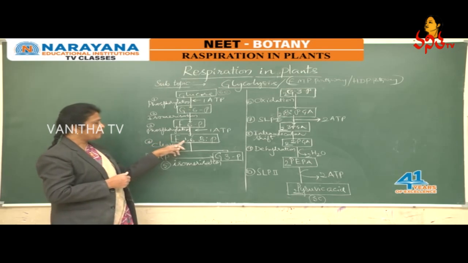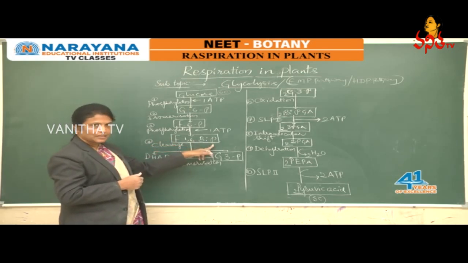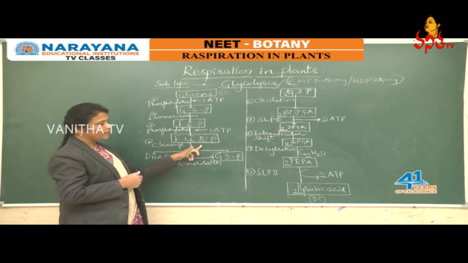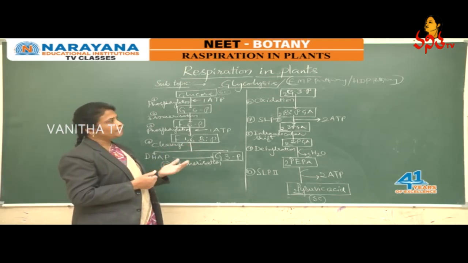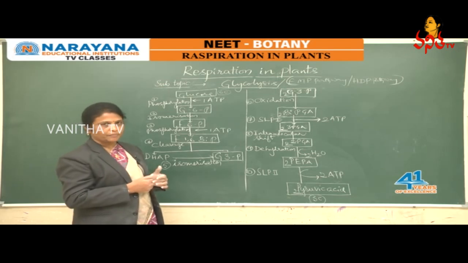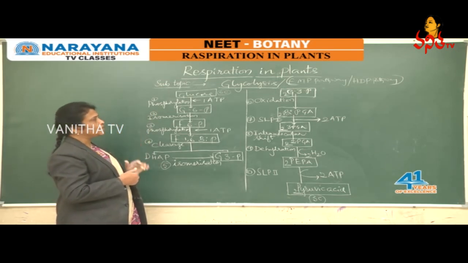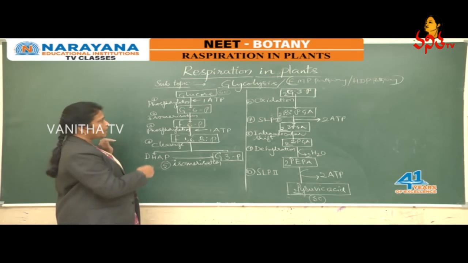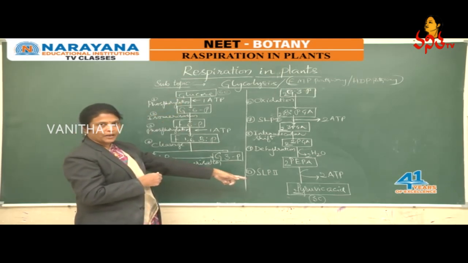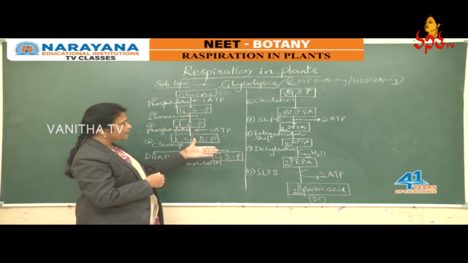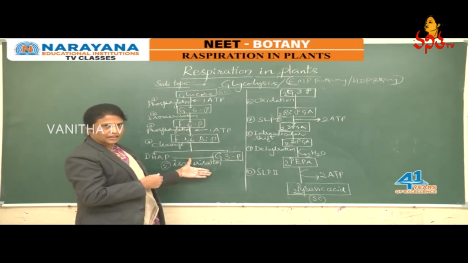And here fructose 1,6 bisphosphate is a hexose with two phosphates involved in the pathway. So, some may refer to this pathway as the HDP pathway, but mainly we follow the word glycolysis here, and that is splitting of the glucose molecule into two molecules of pyruvic acid by a series of reactions, a stepwise breakdown.